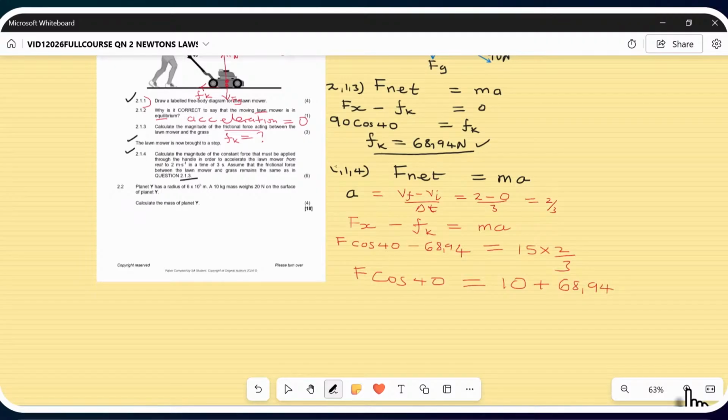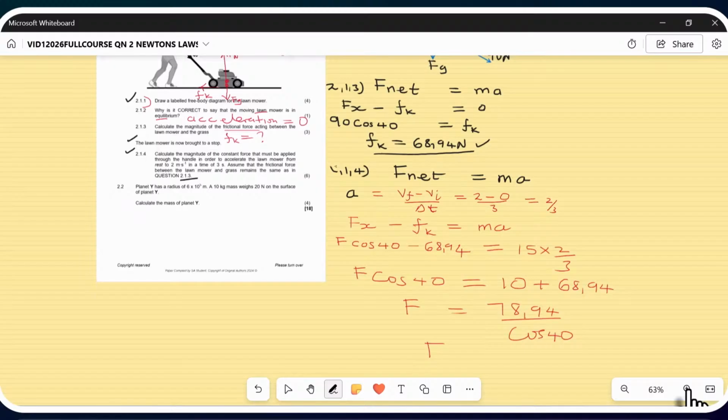You're getting 103.05 newtons. So that was the original force, okay? That was the original force.